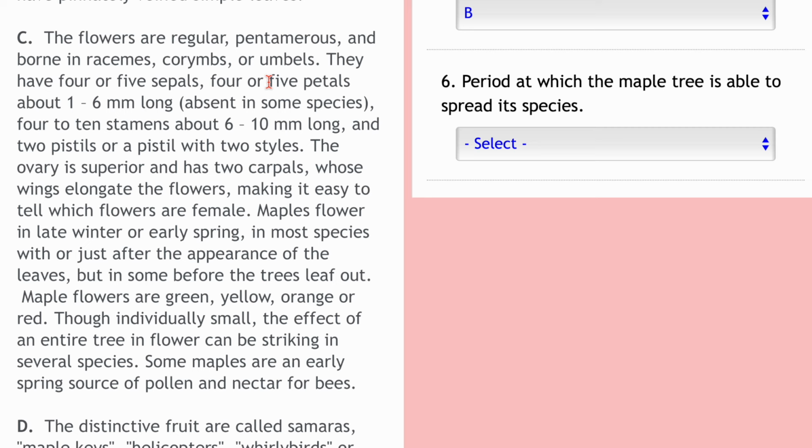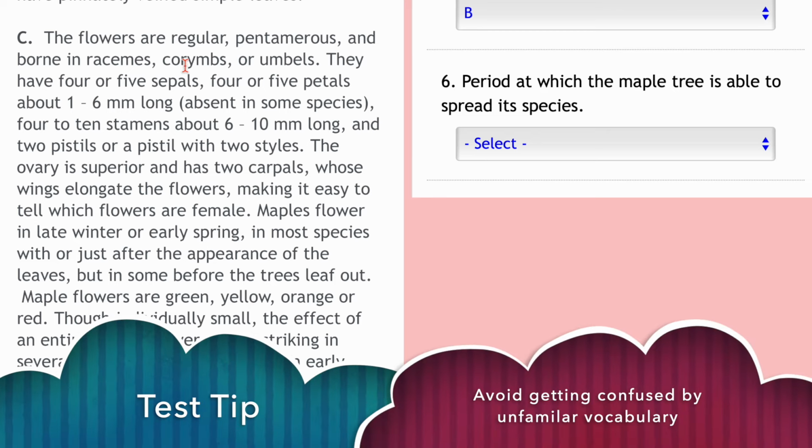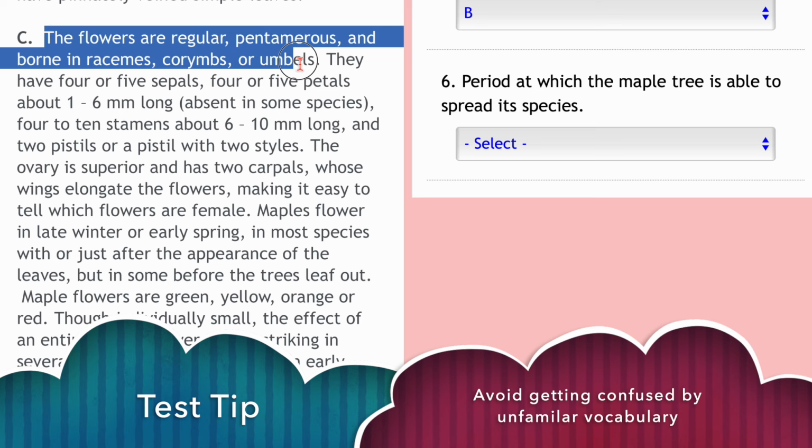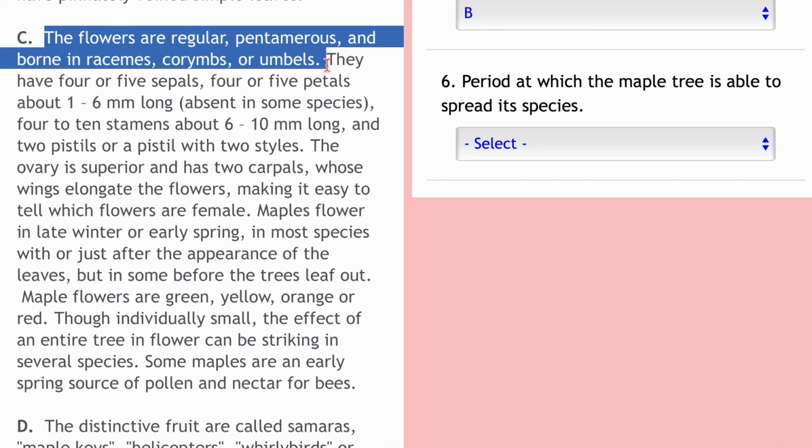And some of these words, like racemes or corms, I've never really heard. But I think that they're related to trees, okay? So we have to keep that in mind as well, that this shouldn't confuse us. Even though I may not know exactly the meaning of those words, like their biological nature, I do know what it's trying to say here. And that's what we need to focus on.